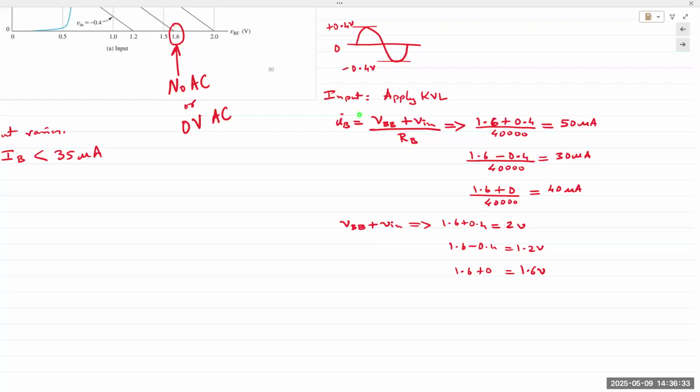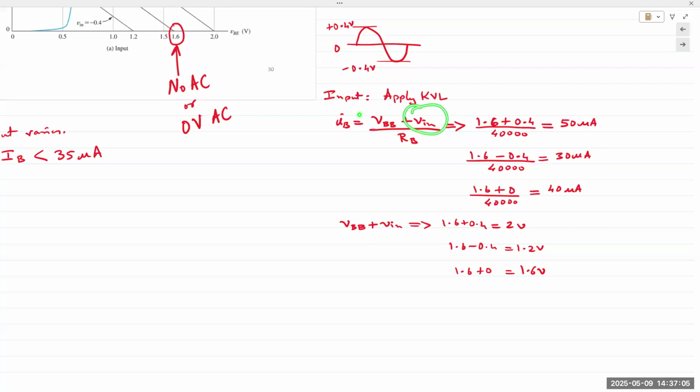So this time we're going to insert V in as part of our calculations. If we are talking simply about DC, then IB is equal to VBB over RB. If V in is 0, meaning we are not applying AC or it's at the midpoint right here, then it's simply the DC or the Q point. So let's talk about that first.